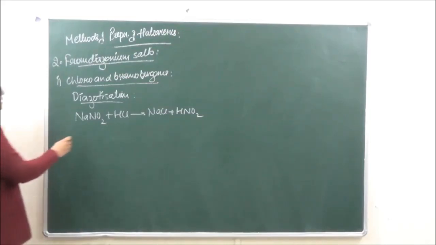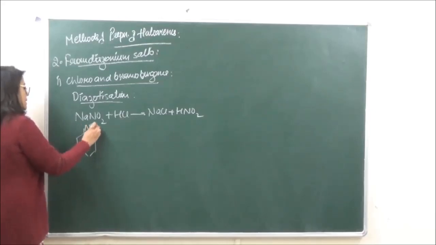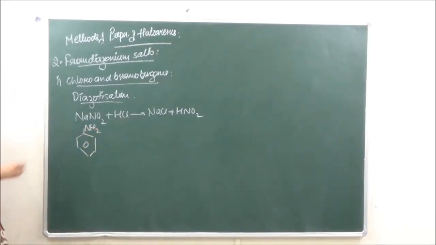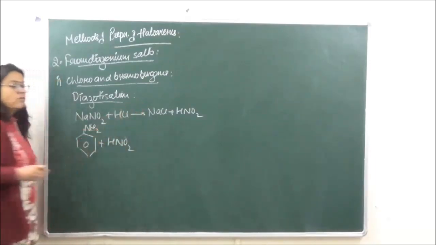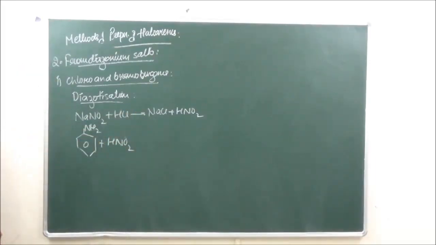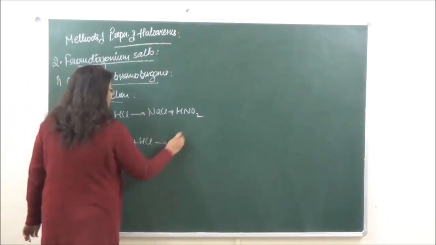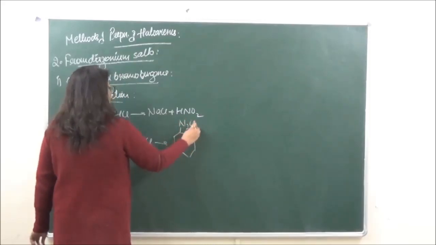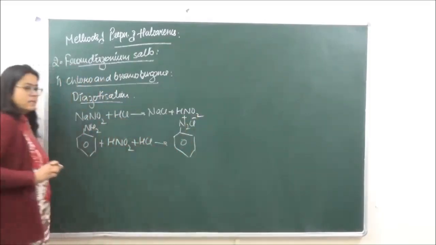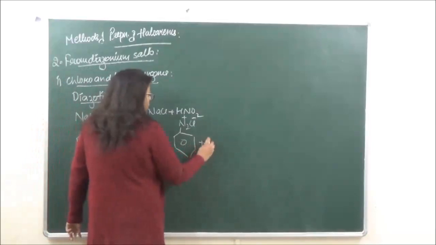Then we react aniline, C6H5NH2, with the mixture we got in the above reaction, HNO2 in presence of HCl, when the formation of benzene diazonium chloride is going to take place, plus water.